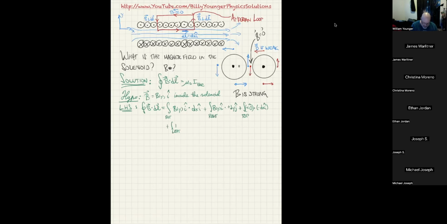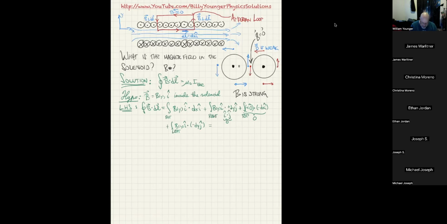In this case, again, it's going to be B of Y i-hat dotted with, in this case, negative dy j-hat. And of course, when you have essentially 0 for the magnetic field strength, that's going to be 0. Of course, when you have i-hat dot j-hat, that is also 0.